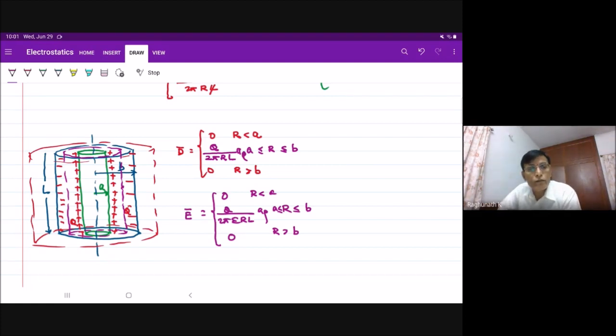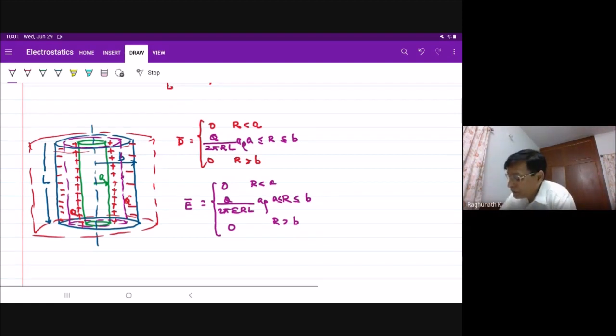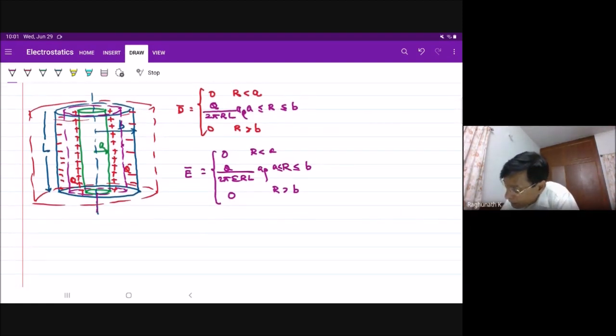If I sketch it again, how will it be? As a function of the distance from the axis, till A it is 0. What is the value at A? Q by 2 pi epsilon A L, which is the surface charge density divided by epsilon.